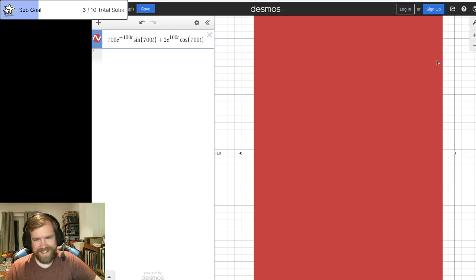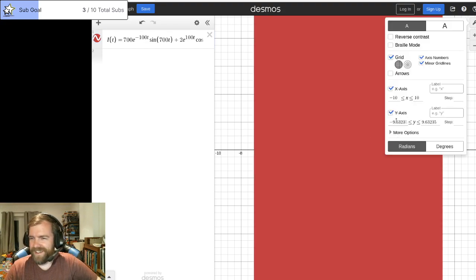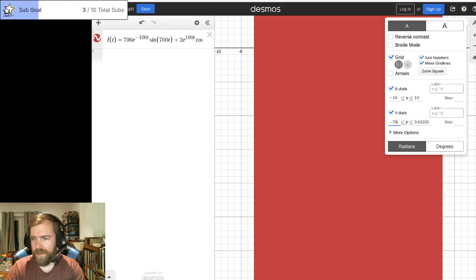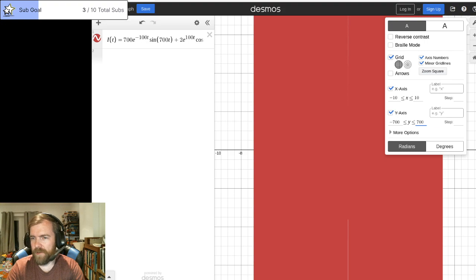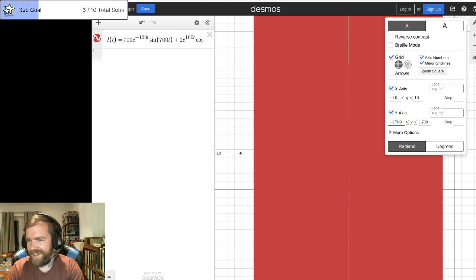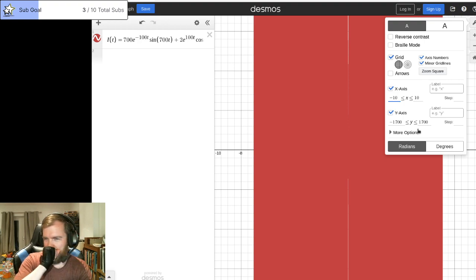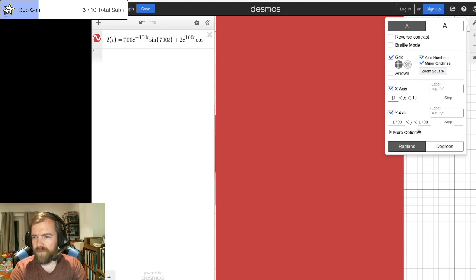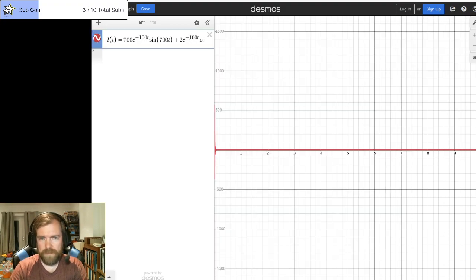So if we go from negative 700 to 700, okay, let's do 1700. Oh, the cosine needs a negative on the exponential. That's why that's happening. There we go. Much better. Thank you.